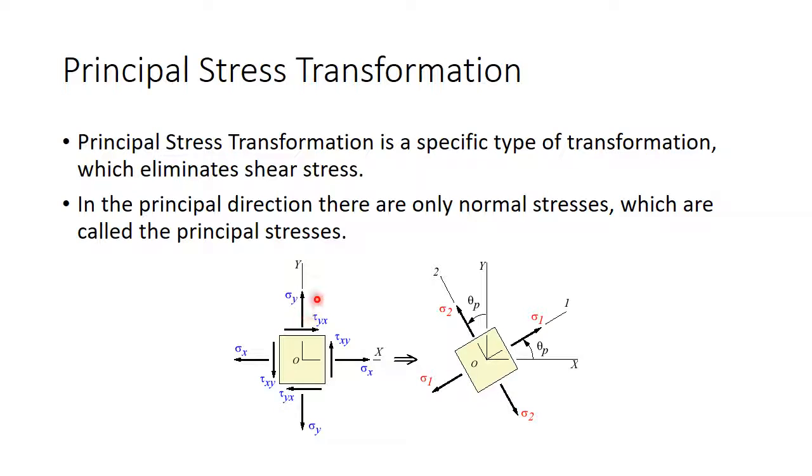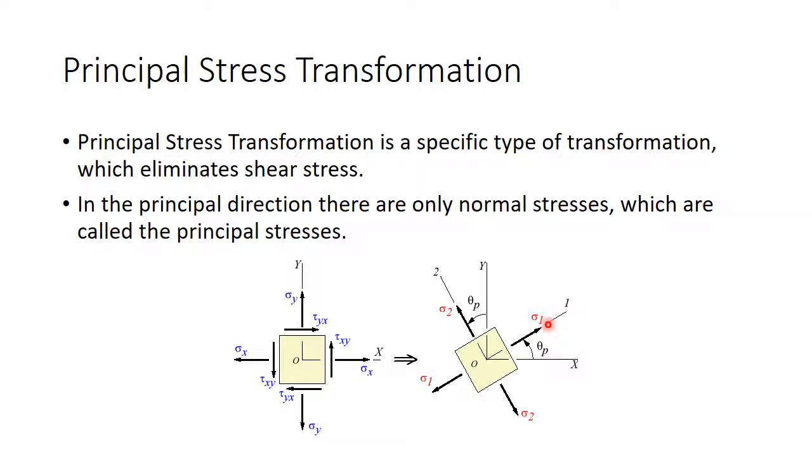At some point along this rotation, these shear stresses will become 0. And so you're left with purely normal stresses. And this stress state is your principal stress state. So these are your principal stresses.